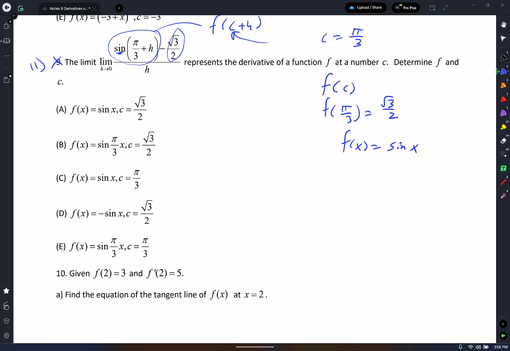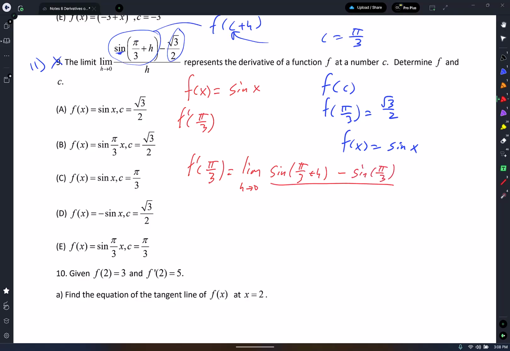You guys see that? What if I told you f of x is sine x, and I want you to find my derivative at pi over 3? You would say f prime of pi over 3 is equal to the limit as h approaches 0 of sine of pi over 3 plus h minus sine of pi over 3, all over h.